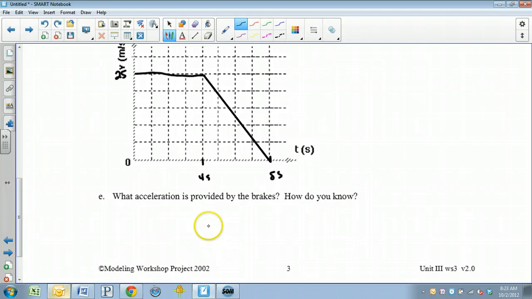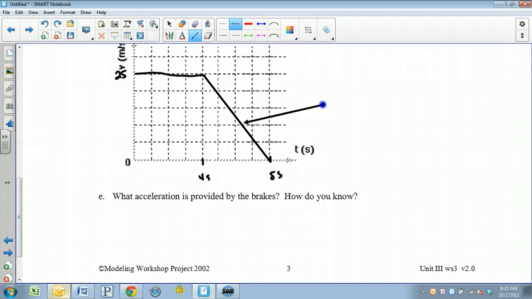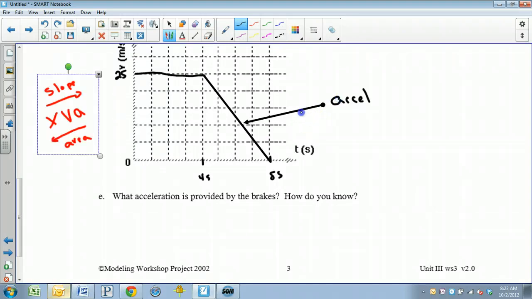The final question is, what acceleration is provided by the brakes, and how do we know? The acceleration is only provided by the brakes during this part of the trip. And the acceleration then, on a velocity versus time graph, is the slope. So our slope, in this case, is our v final minus v initial divided by our final time minus our initial time.